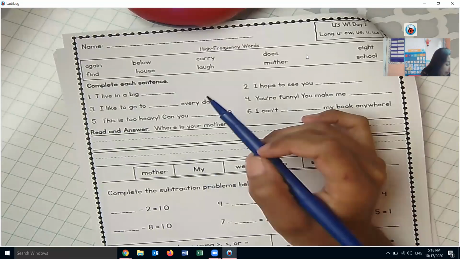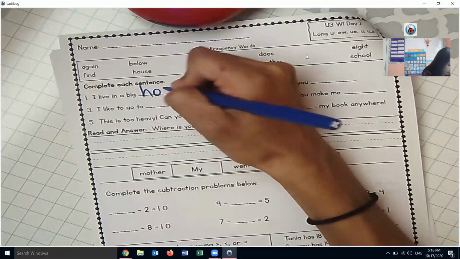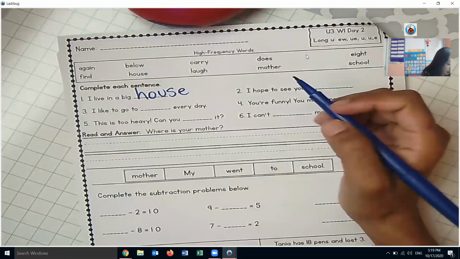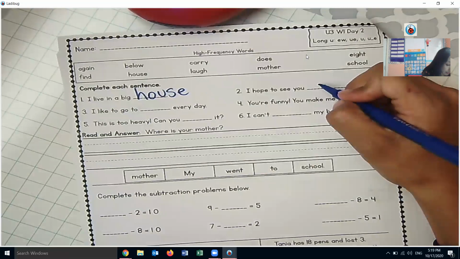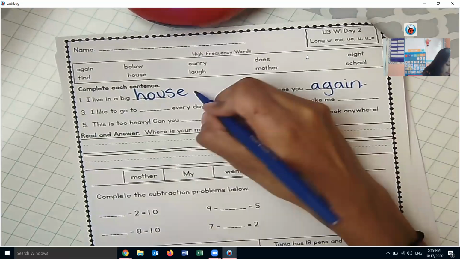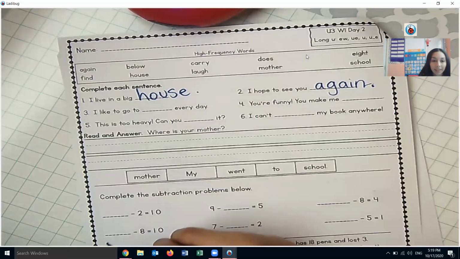So here we go. We have, I live in a big house. Number 2, I hope to see you again. Let me add my periods. They have some there, but my word, I'm writing a little bit big.